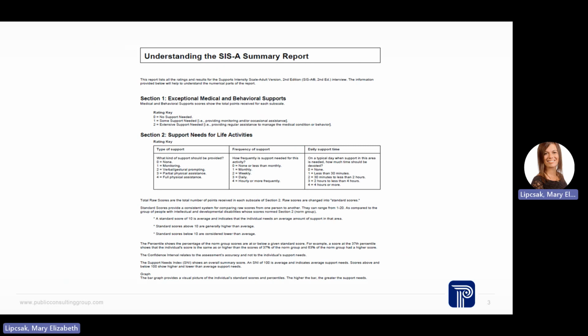The report lists all of the ratings and results of the SIS-A Second Edition. The information on this slide will help understand the numerical part of the report. More details around the ratings and scoring will be discussed later in the presentation.